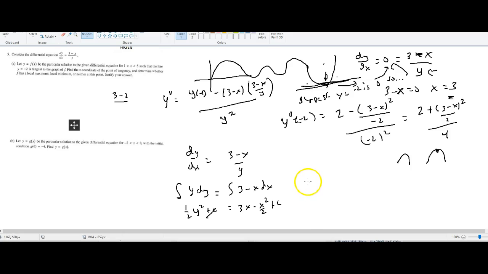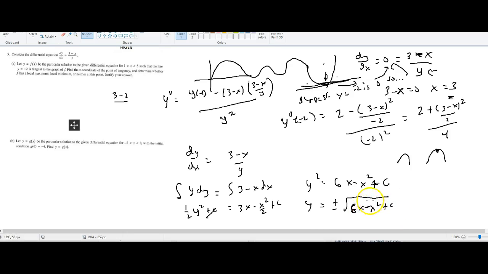So y squared equals 6x minus x squared plus c. Again, 2 times c is c. It doesn't actually matter about the sign of c. So y equals plus or minus the square root of 6x minus x squared plus c.